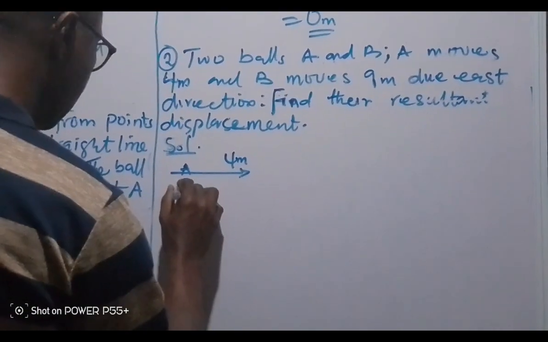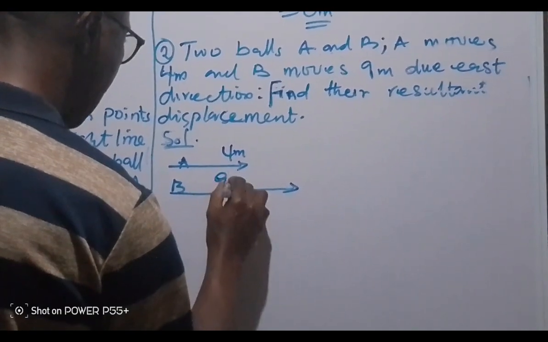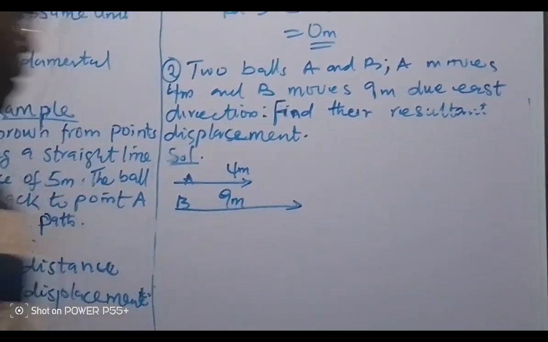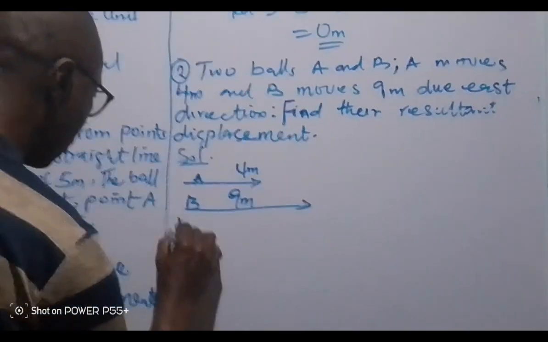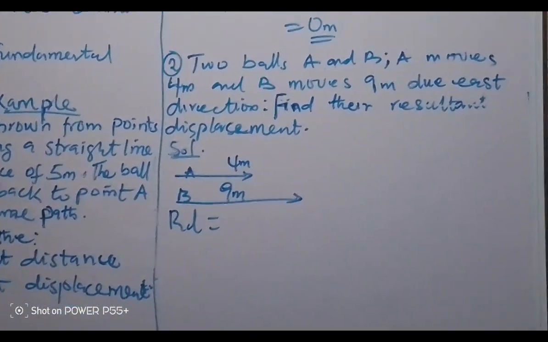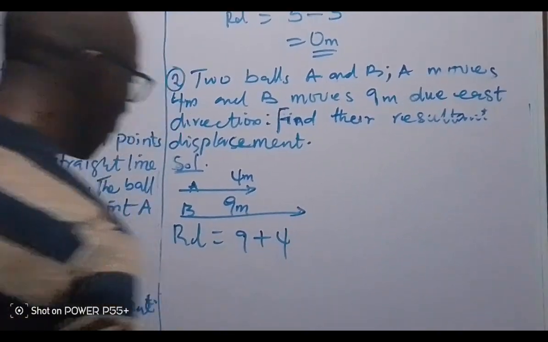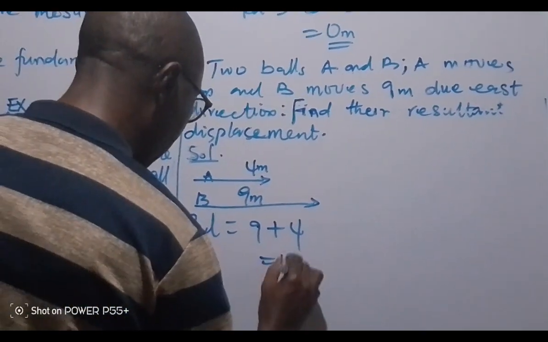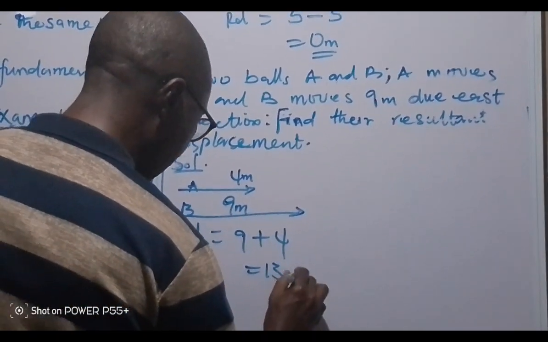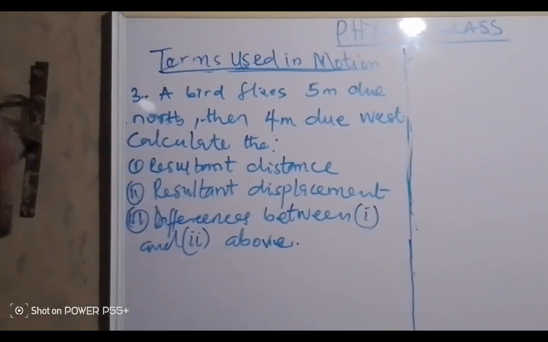And this is B move in this direction 9 meter. Now, their resultant displacement, since they move in the same direction, will be equal to 9 plus 4. That will be what? 13 meter. That's all.